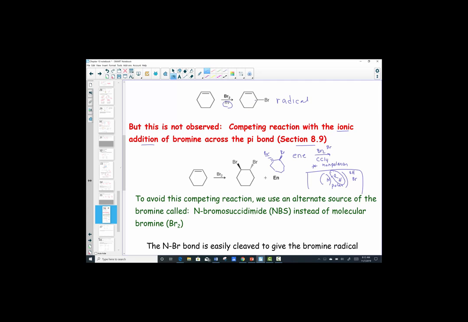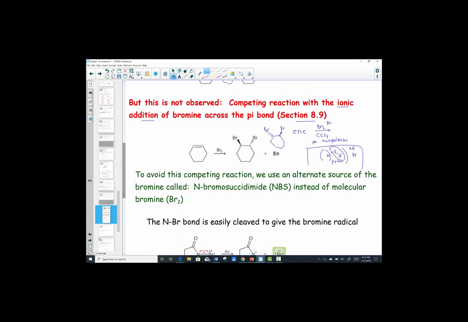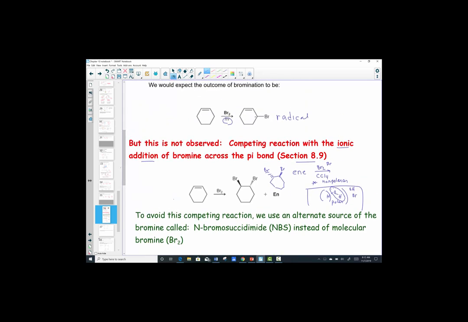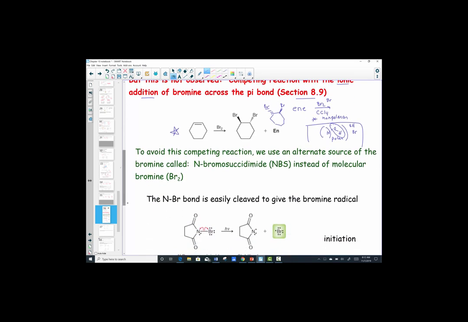So what we've observed, just by trying to decide what mechanism is going to be favored, is that it truly is the addition reaction here. And so we have to simply use a different method to add bromine in a radical mechanism to avoid the competing reaction of addition.